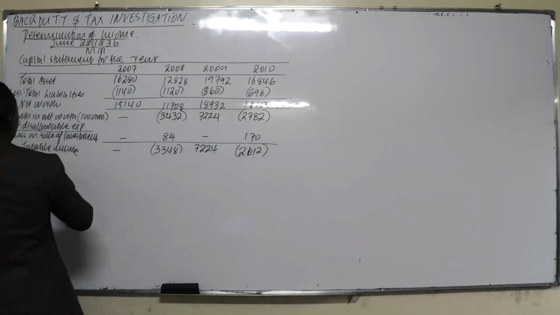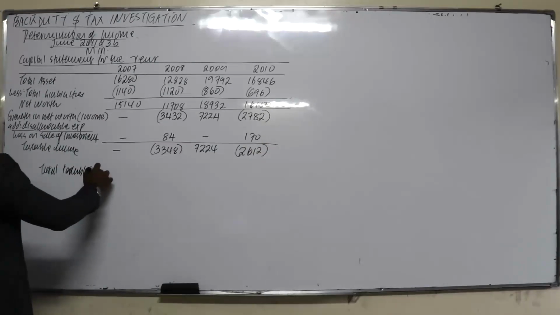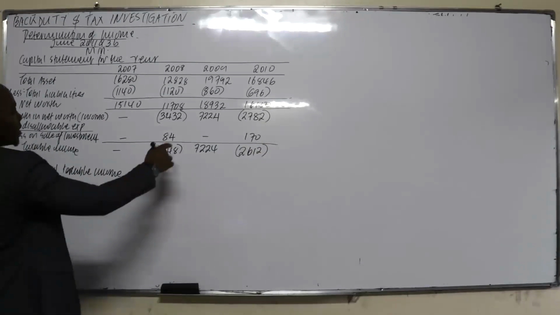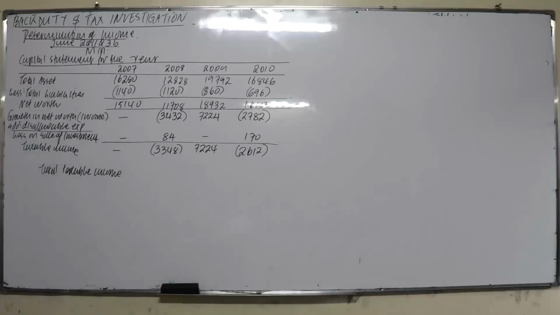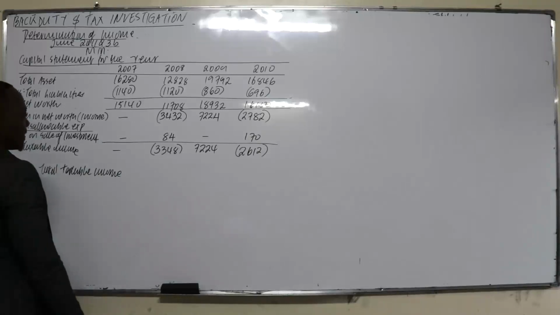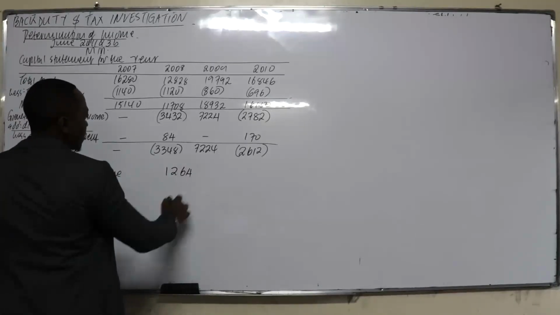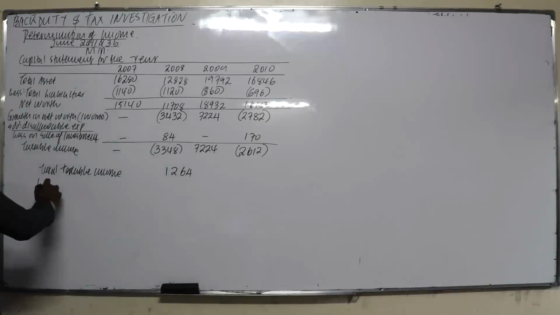So we get the total taxable income. Now add for me for the 3 years. You have 1,264.